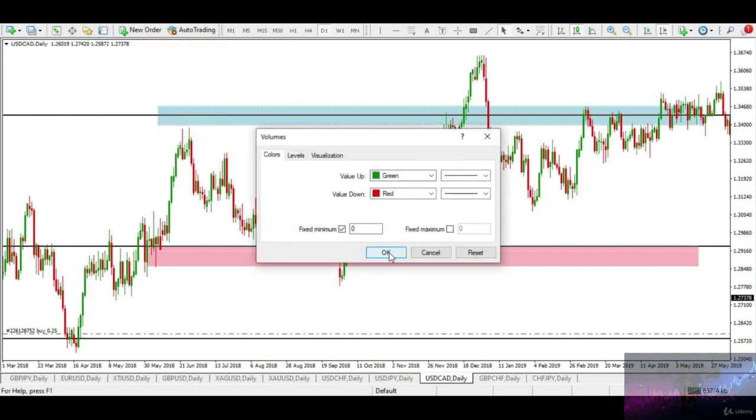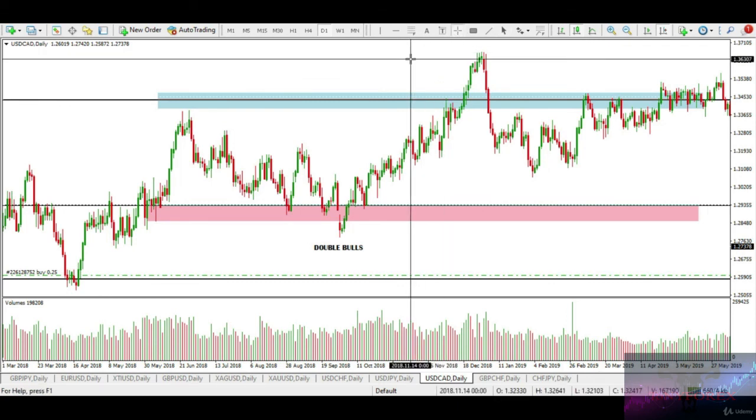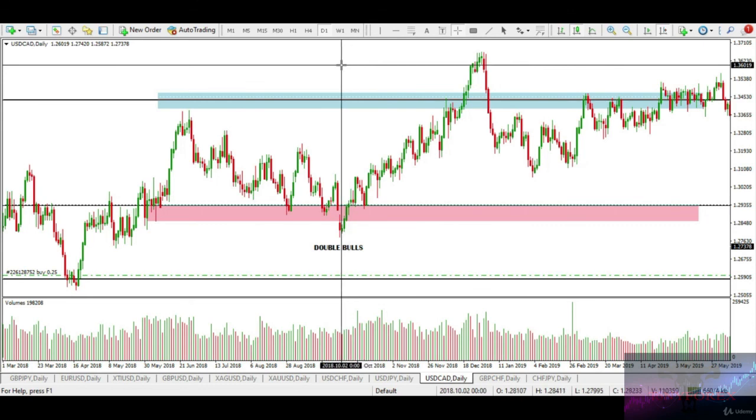In the next example of US dollar and Canadian dollar, I will add volumes to the double bulls pattern. An ideal reversal confirmation for double bull patterns arrive when both candles have an increasing volume near key technical levels.